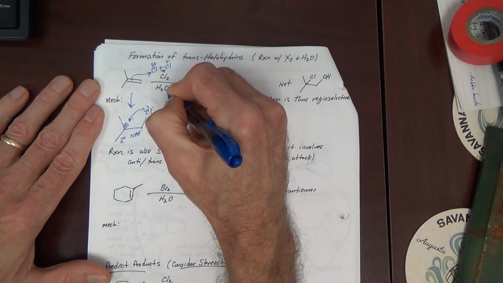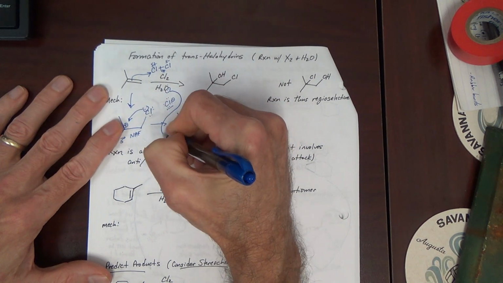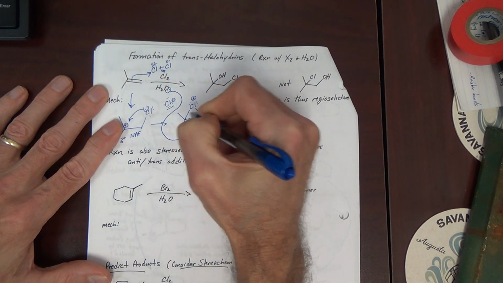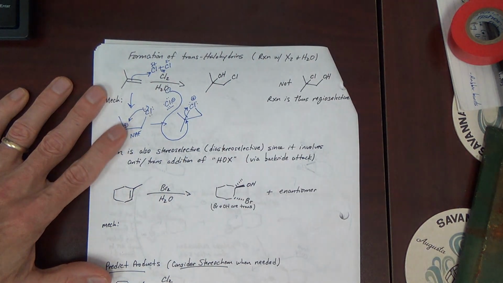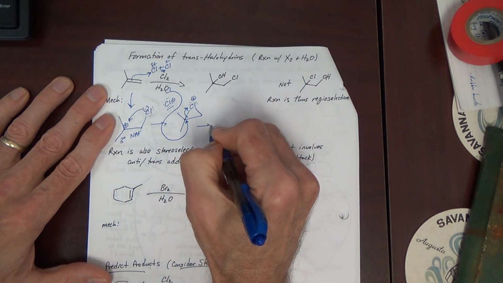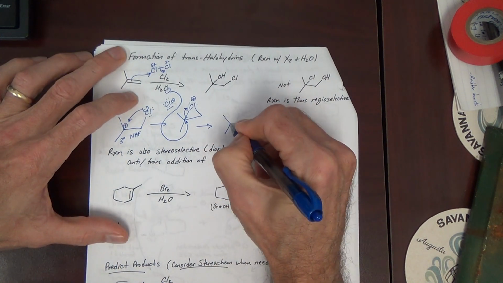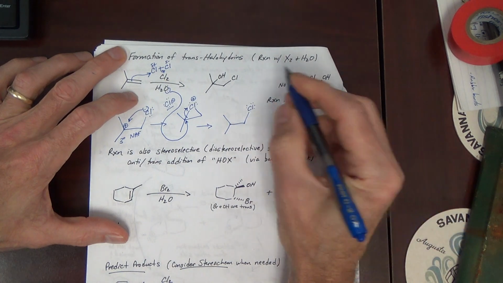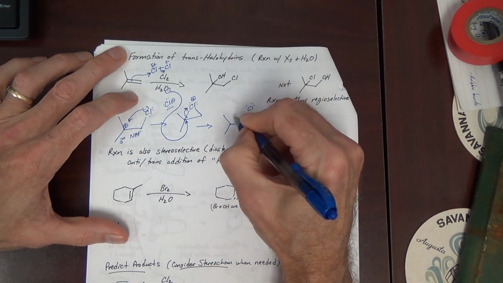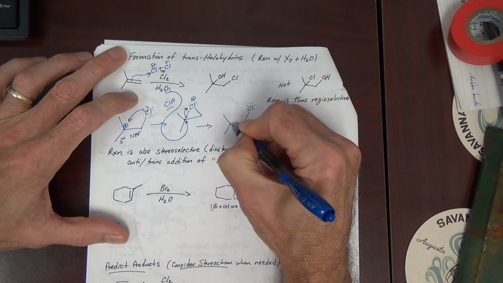With water present, it attacks, and we kick off the leaving group. The leaving group got kicked off and gets back its third lone pair. Now bonded here is an oxygen.